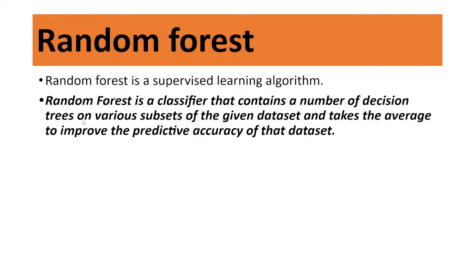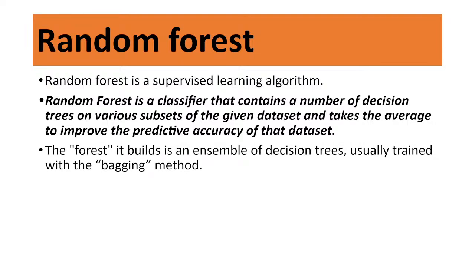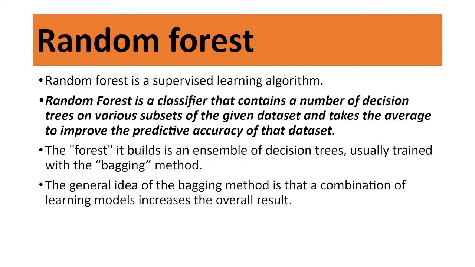Decision tree comes from classification and regression trees, so CART is also called the foundation of random forest. The forest is an ensemble of decision trees, usually trained with the bagging method. The general idea of the bagging method is that a combination of learning models increases the overall result.